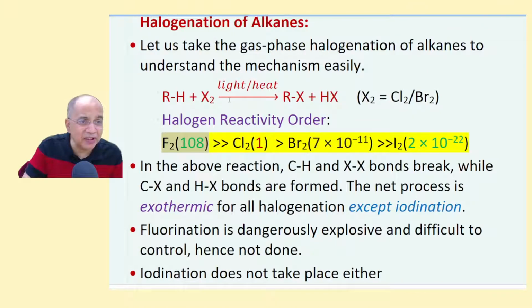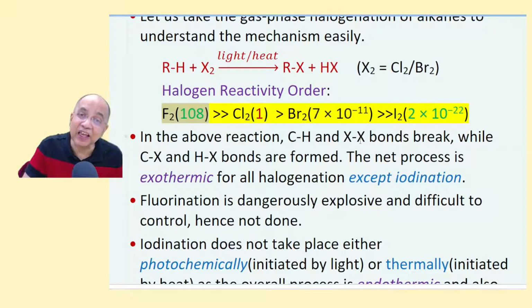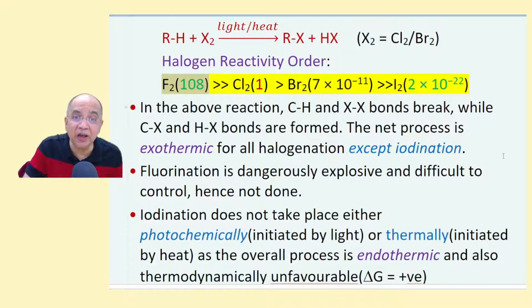Now what happens in this process? A carbon-hydrogen bond breaks, a halogen-halogen bond breaks, and in turn a carbon-halogen bond is formed and a hydrogen-halogen bond is formed. The sum of these bond breaking and bond making processes is exothermic, excepting iodination.